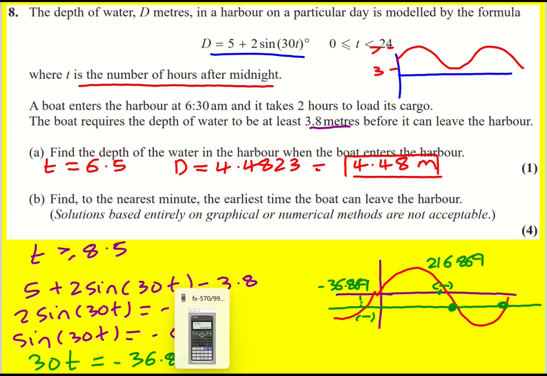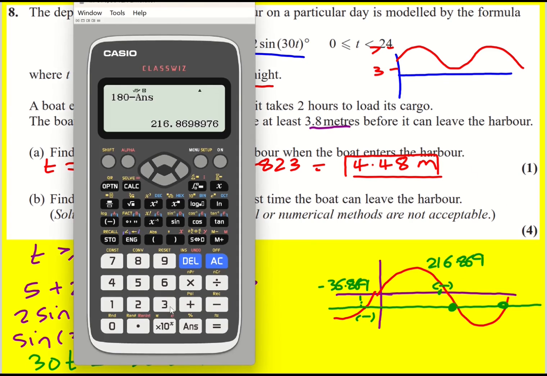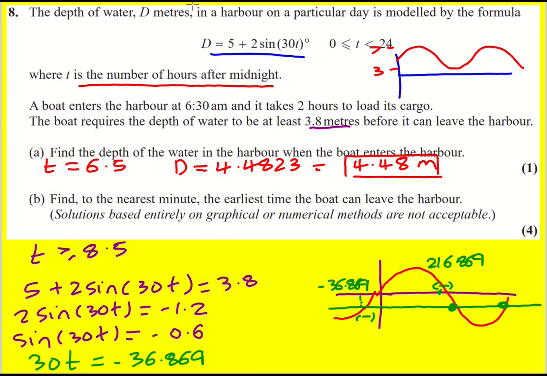Just going to also find the other one, because that will be, in this case, 360. Well, actually, I can just add 360 on to minus 36.869. That's going to be the best thing to do, I think. That's 323.13.